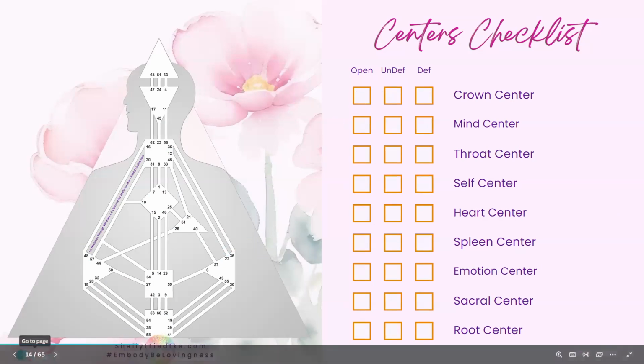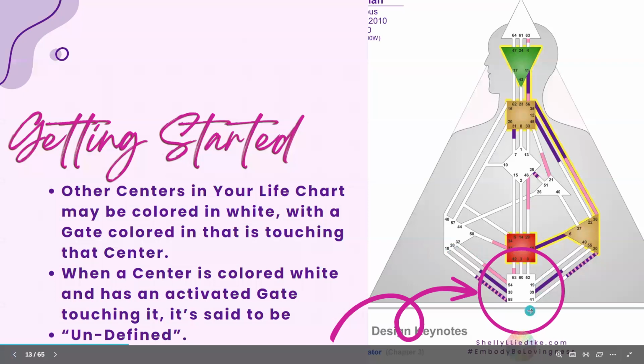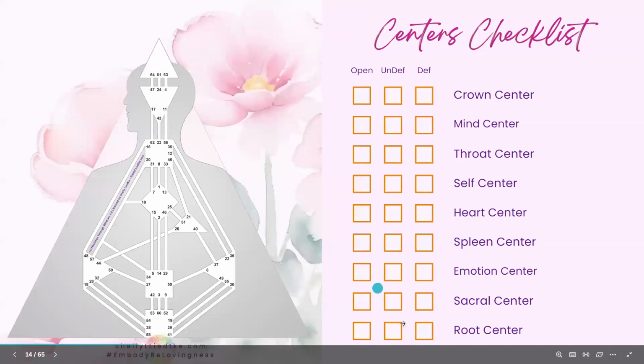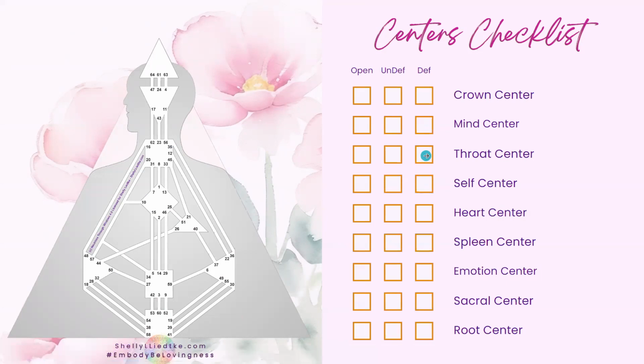So say like if this was your chart, then on the root center, you would mark the little box that says undefined. So you would mark the second one. And if it was the throat center that we just looked at, then you would put a little mark in the defined, and you could color it in brown.